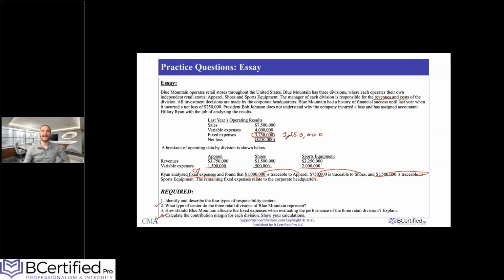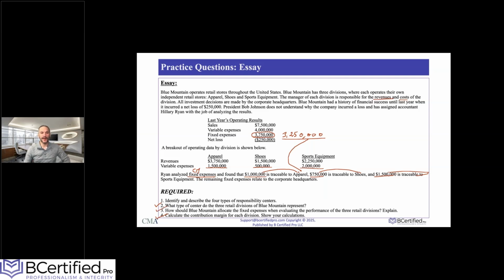Which means that this 3.25 million is going to be allocated when we are assessing the performance of the managers, to each one as indicated here. And the remaining $500,000 that is not traceable will be disregarded. And I've already answered number 3.